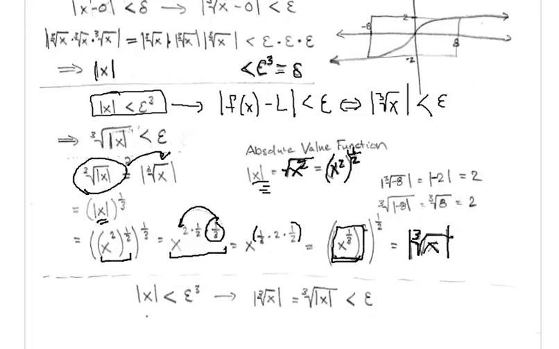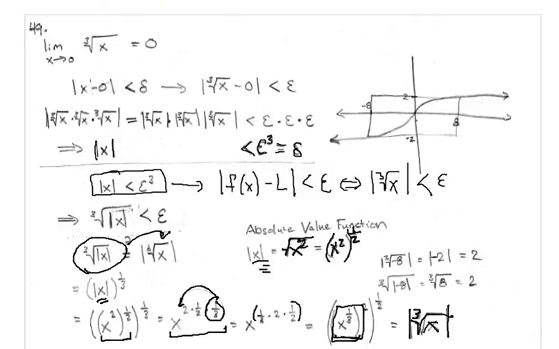So if the absolute value of x is less than epsilon cubed, then that would mean that the absolute value of the cube root of x would have to be less than epsilon. So if you gave me, let's say, that epsilon, the height of our box, was equal to 2, right? Our limit point being 0, 0, our origin.